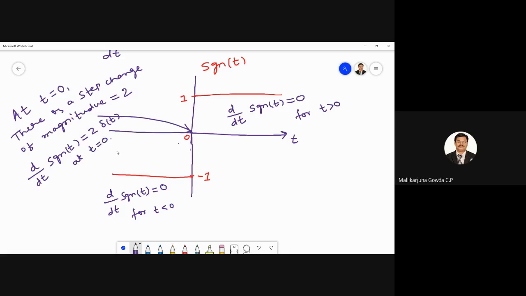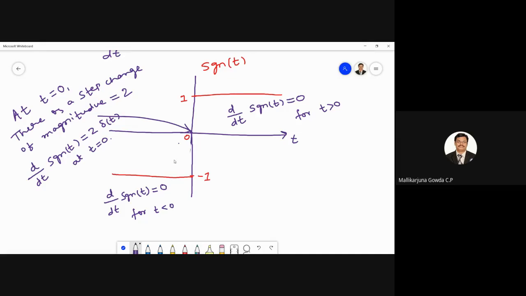Okay, with this, let me stop. Let me continue further in the next class. I hope you just have a recall of this. They are very basic things. If basic things are clear, then understanding and going further will be easy.